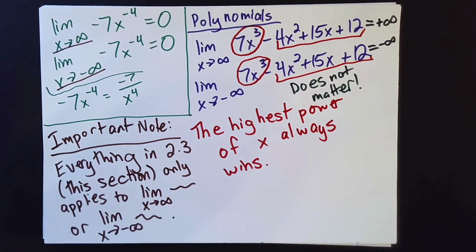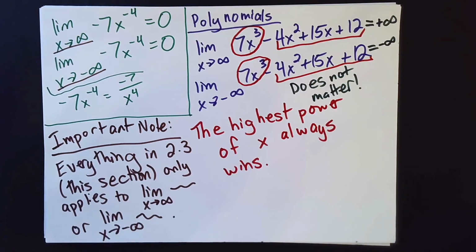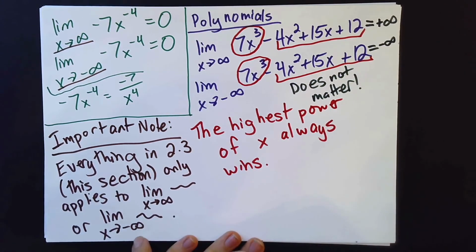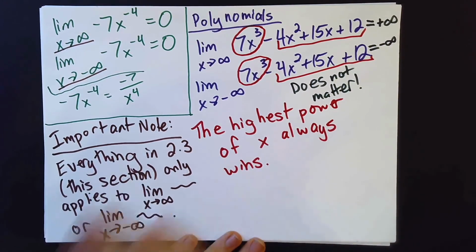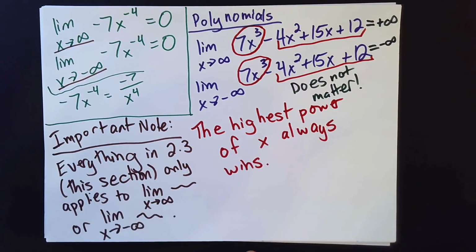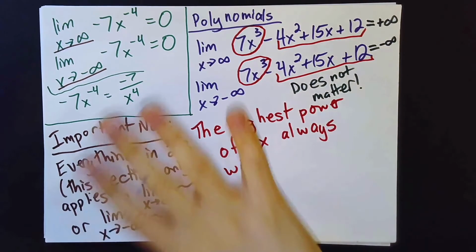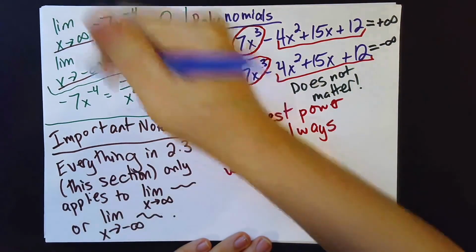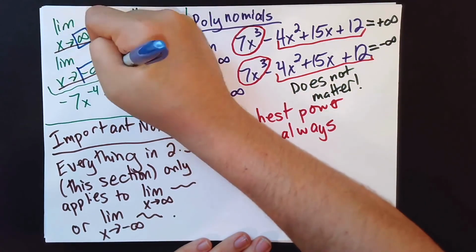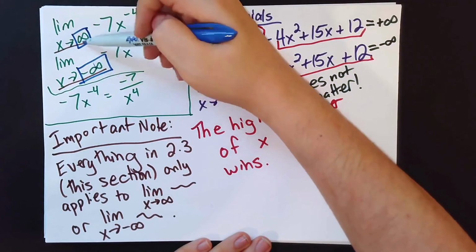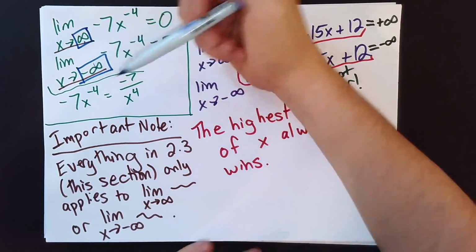And it's very important that when you encounter limits that aren't going to plus infinity or minus infinity, that you use the stuff from 2.2, not the stuff from this section, because it doesn't apply to this section. So the only limits that you're ever going to apply this section to are the ones that advertise themselves very loudly by having either an infinity or a minus infinity right there in the x goes to part of the limit.